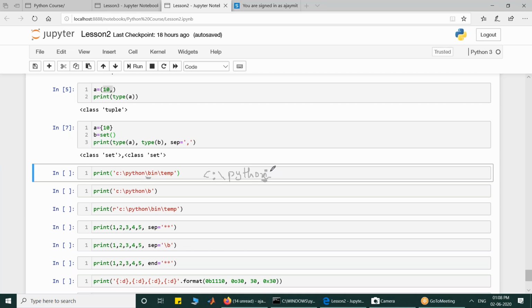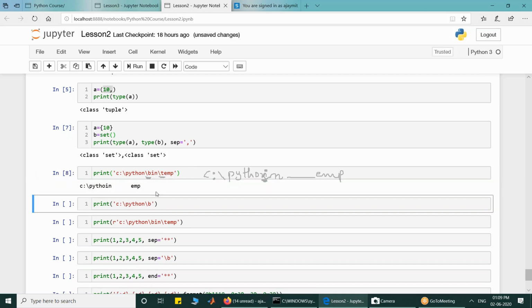Then in is written, so I will overwrite n and then n is written. So it becomes pytho in, and then this \t is the tab, so there is a tab space, then emp is written. So what we will get is pytho in and then tab, then emp.